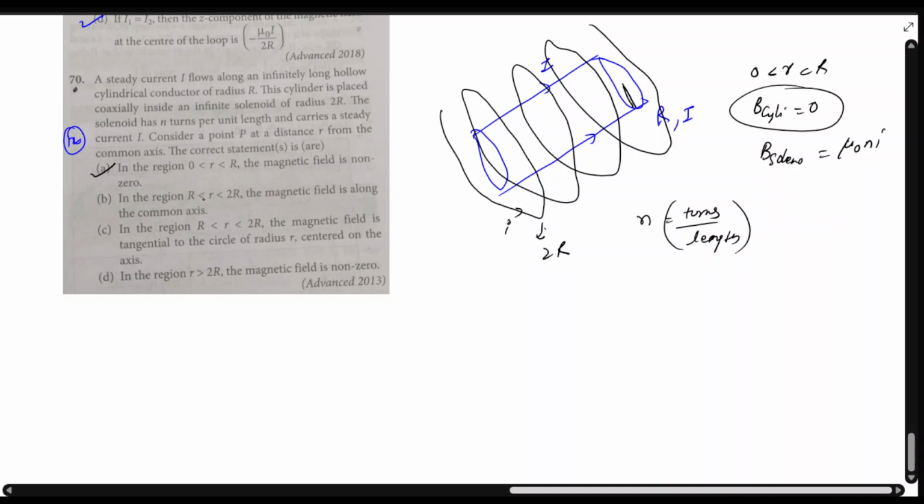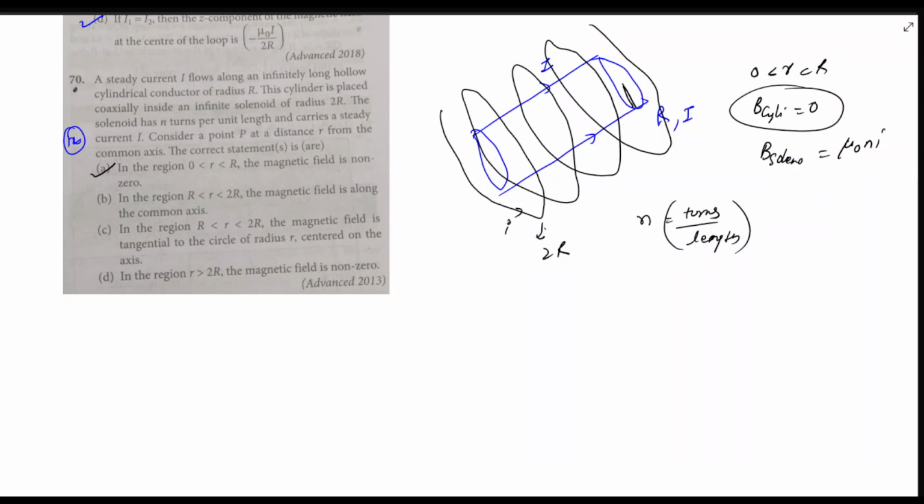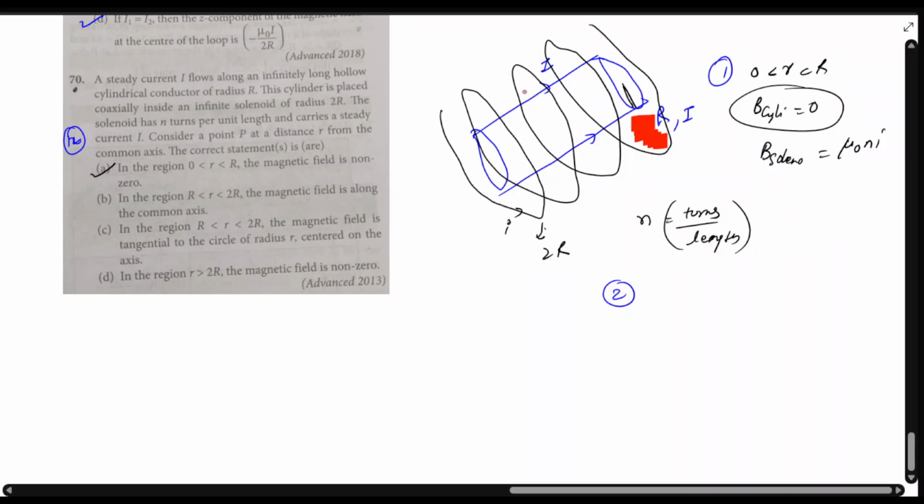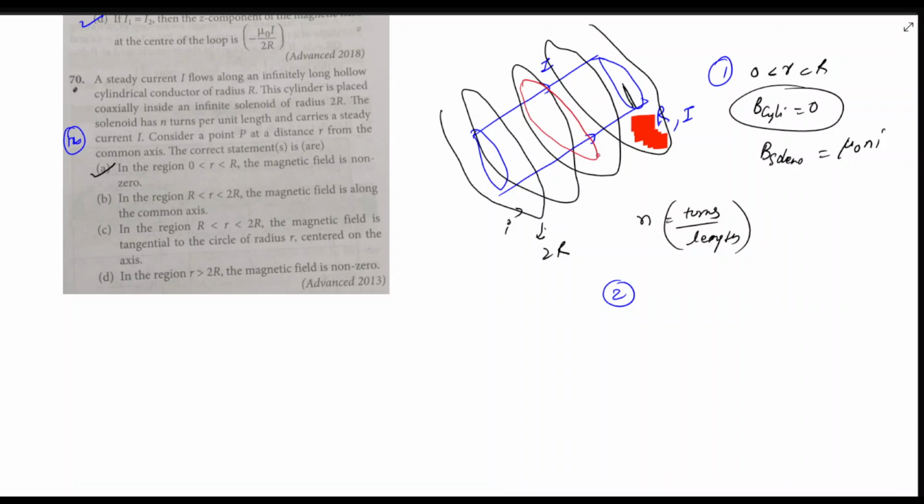Next, in the region R, like in this region, right? So in this region we are talking about, the second option, the magnetic field is along the common axis. Let's check. So if we have to make an Amperian loop like this to solve the magnetic field due to cylinder, it will be in this direction.